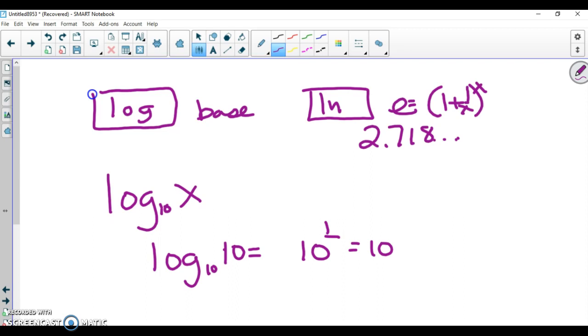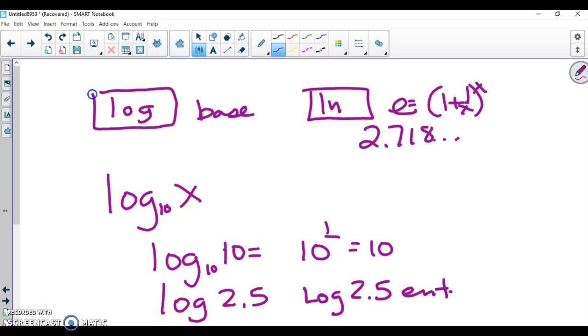If we look at the next one there, B, it says log base 10 of 2.5. This is a calculator problem. We're going to enter log and then simply 2.5 and enter. And your calculator will give you that value. It is 0.3979, says the book.